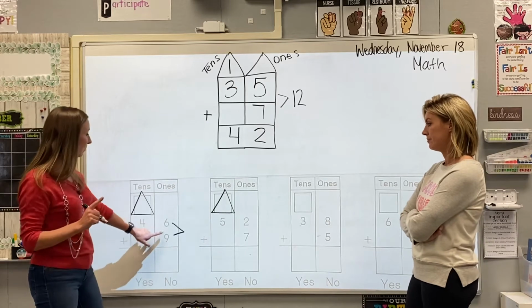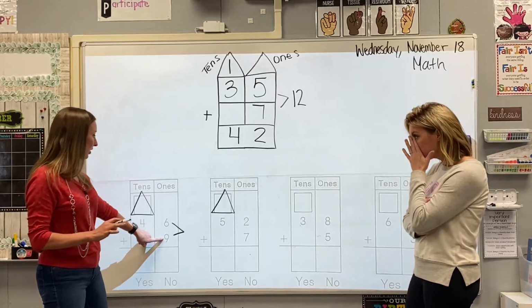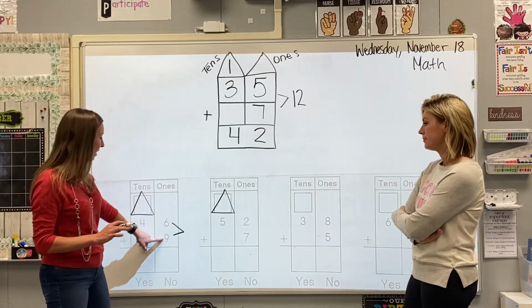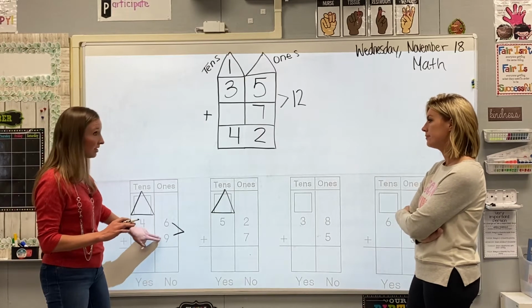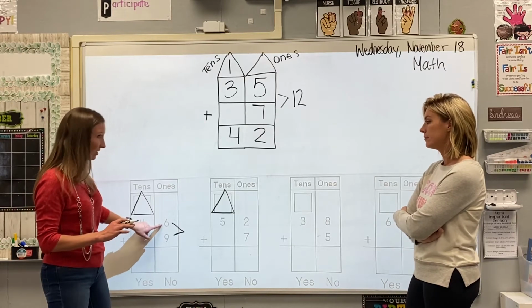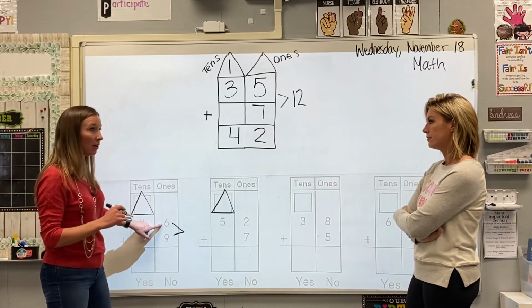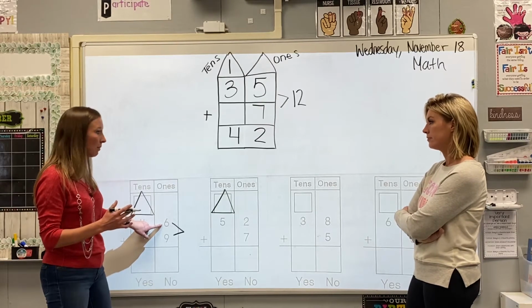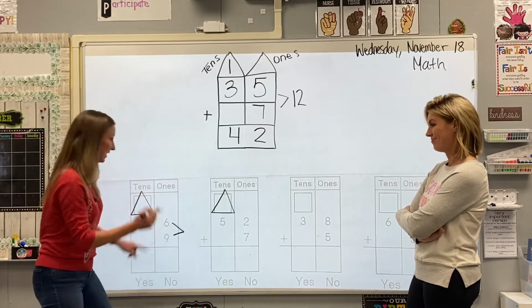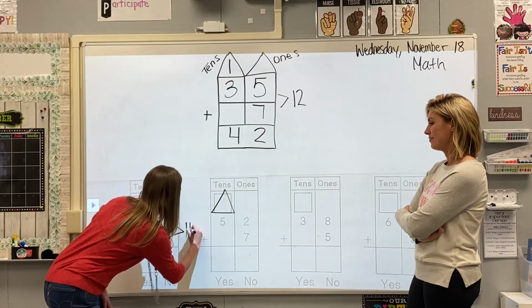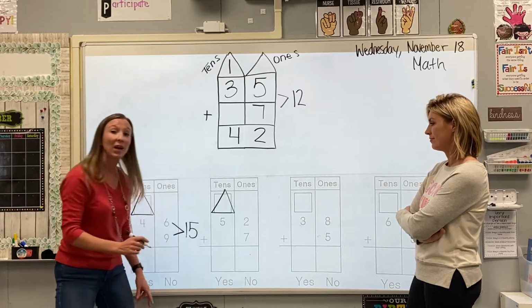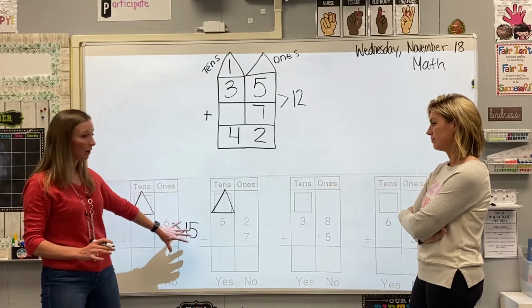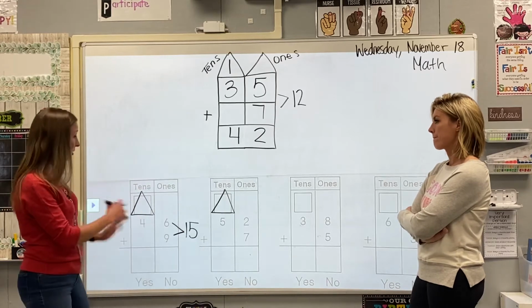So 6 plus 9, I'm not going to use counting on for this one. In fact, I'm going to use a fact that I know. I know that 9 is really close to 10, and so I know that 10 plus 6 is 16. That means 9 plus 6 must be 15. You're right. So 9 plus 6 is 15, and I'm going to write that number right next to the problem because it's easier to take a look at it.